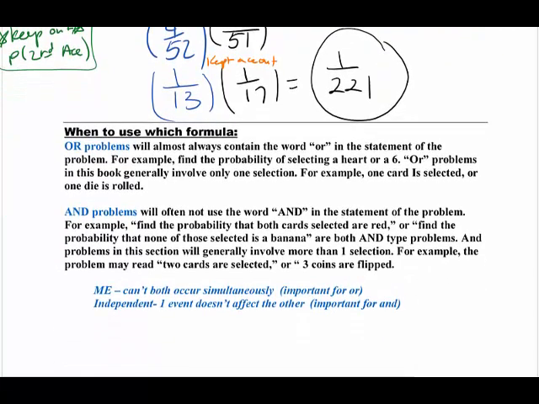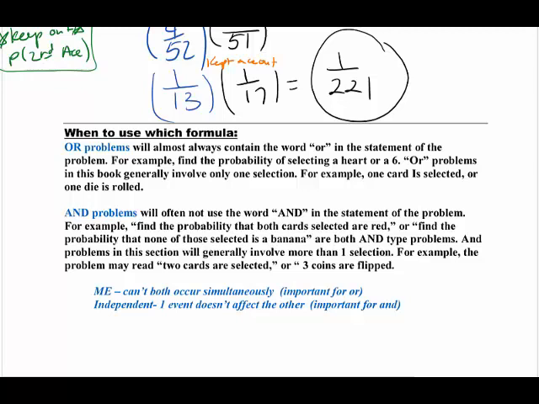So just a quick summary here. Please read over this. When to use which formula. An OR, again, can be one where you can write it out, but it's only one selection. Okay? And you're always adding for those. You just have to make sure you don't include something twice. An AND problem, for this type of AND problem, we are picking more than one selection.